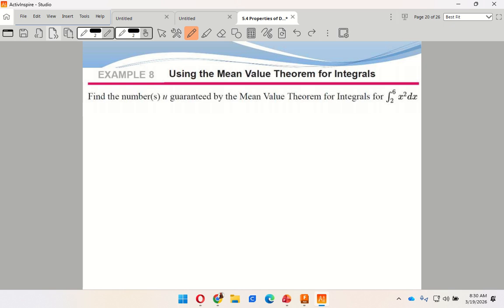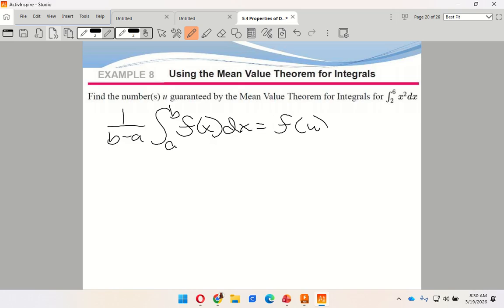So, find the numbers u guaranteed by the mean value theorem. Okay, so if I go back to what I said, it was 1 over b minus a integration from a to b of f of x dx is equal to f of u, right? Okay, let's start putting in my values here.